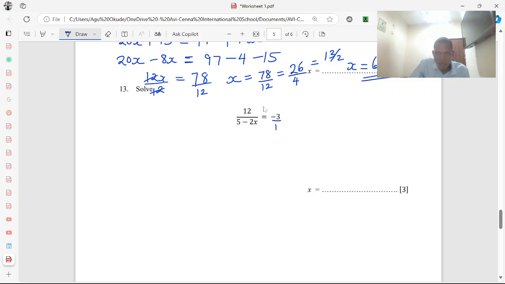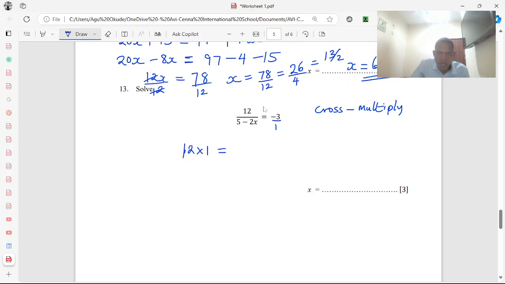Now I will cross multiply, because I have two fractions. When you cross multiply, 12 will times 1, so I have 12 times 1, you put your equal to.